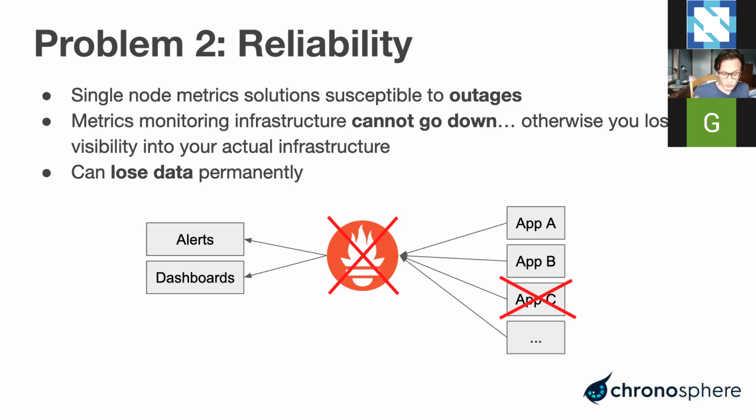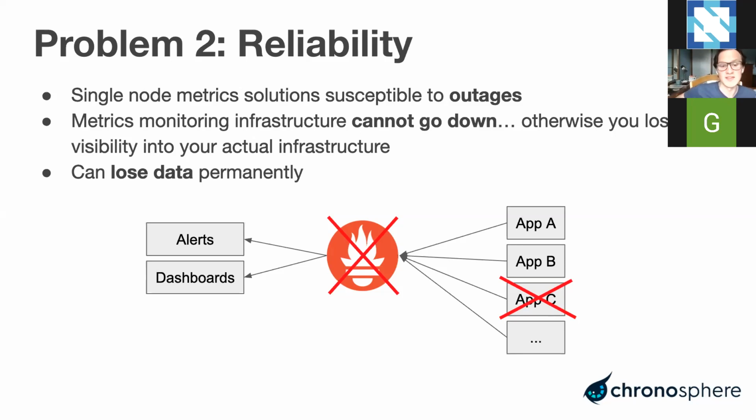And this is also really bad from a user or engineering standpoint, because if you don't have the visibility into your infrastructure, then you can't diagnose problems and take actions. So one of the pieces of critical infrastructure is the monitoring side. You have to assume that it will always be up.